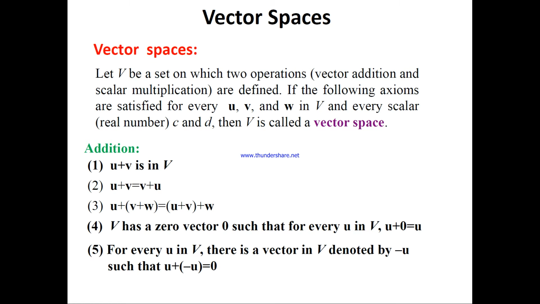Now what are axioms? Axioms are nothing but rules. What are those rules that the vectors u, v and w should follow so that we can call V a vector space?